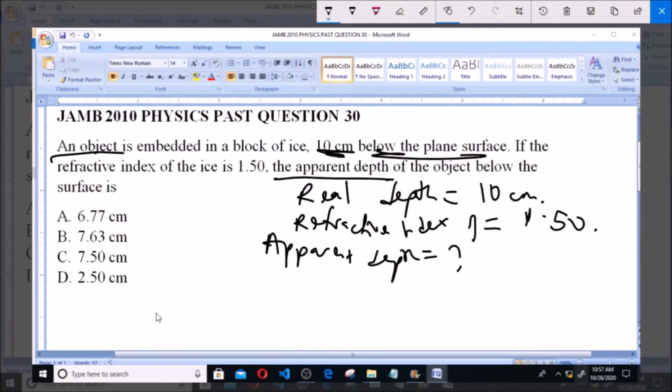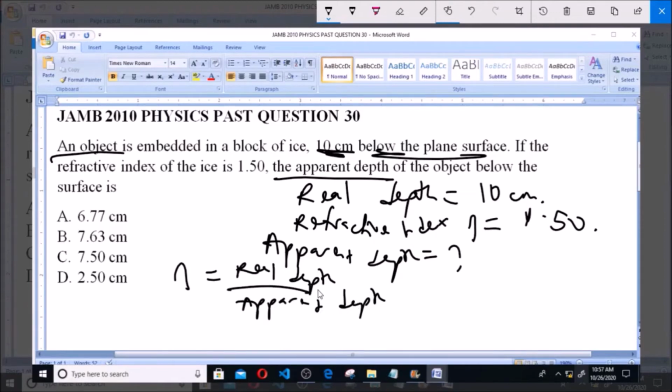So what is the apparent depth? Now refractive index is equal to real depth over apparent depth. So we are looking for apparent depth, remember.